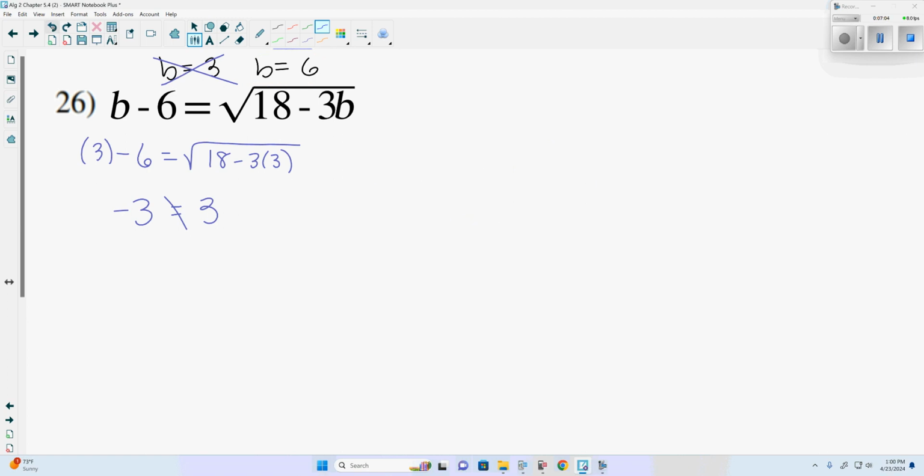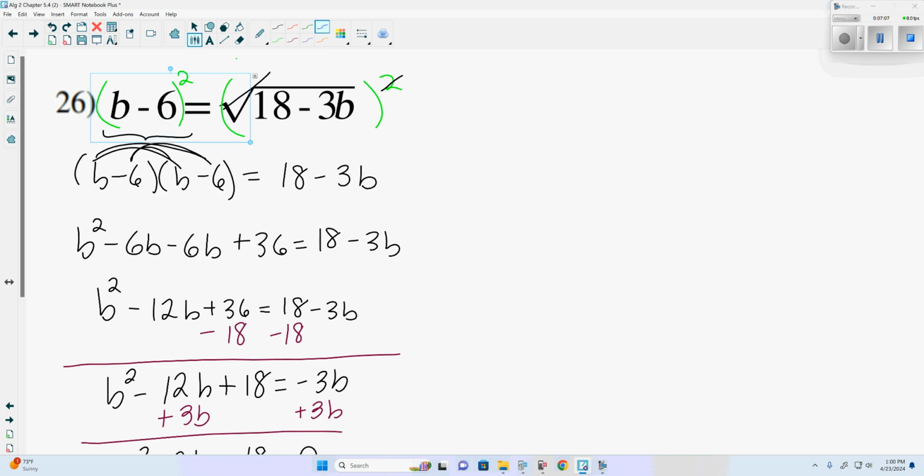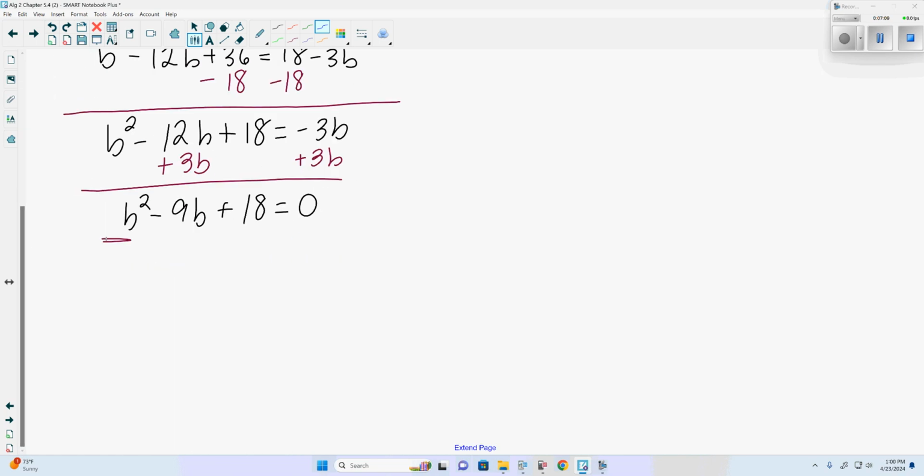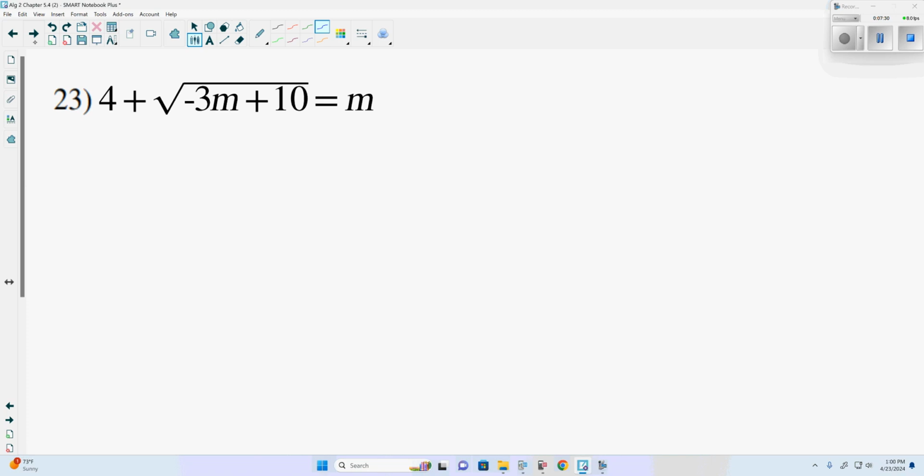But for the most part, if the number in front of our squared term is 1, or it's divisible by all of them, say if it was 2b squared, 10b, 18, we can graph it just fine. If for some reason we had, say, 2, well, it doesn't divide into all 3, so there's a good chance we might have to factor. Questions on this so far? We good with everything so far.